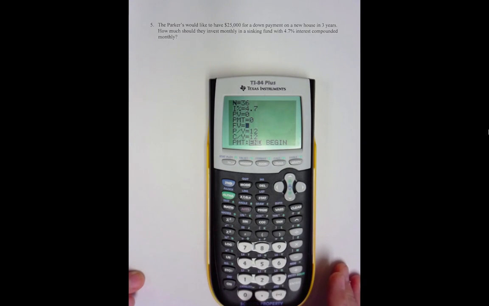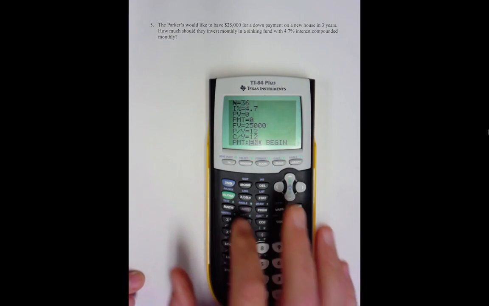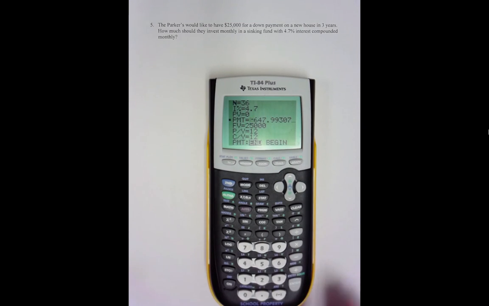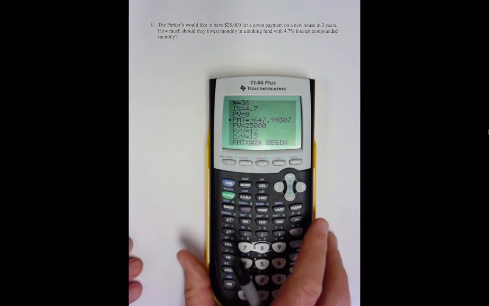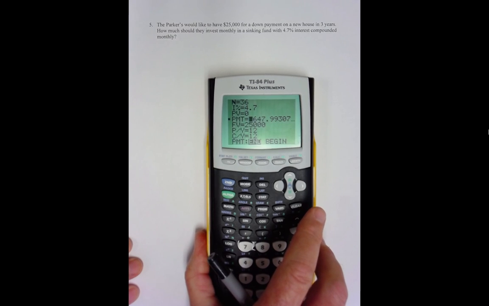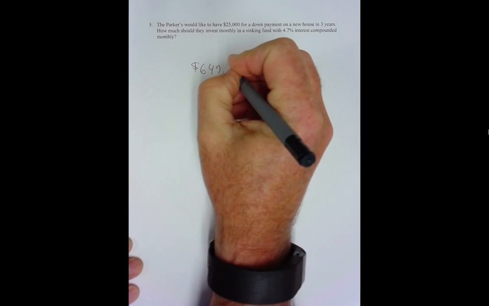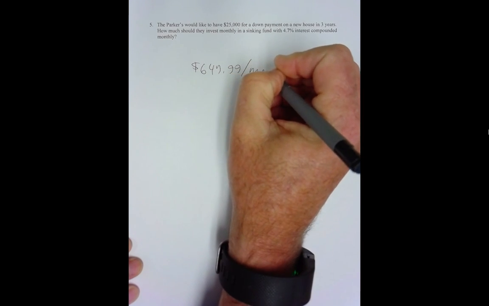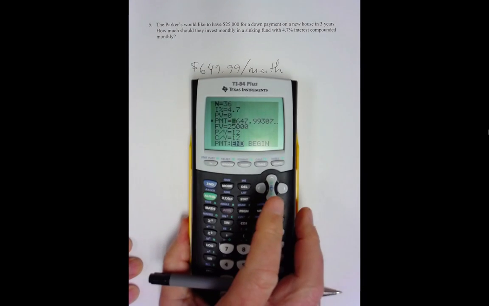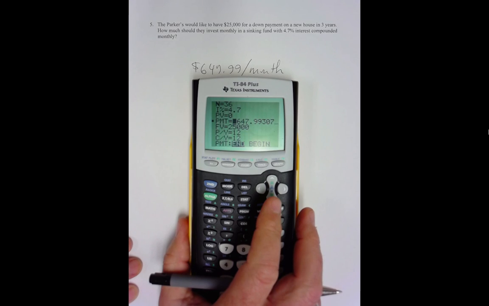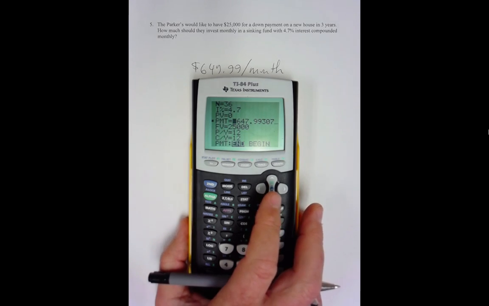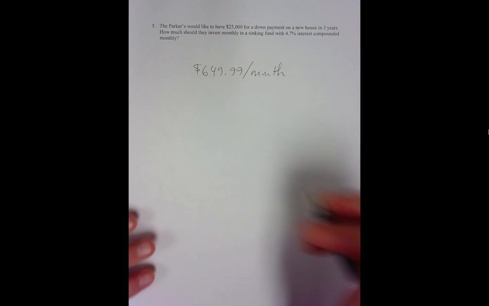But we want our final value to be $25,000. So what payment is going to achieve that? 647, let's just call it $648. Well, let's not call it that. Per month. All right, so that's a very easy problem with TVM solver.